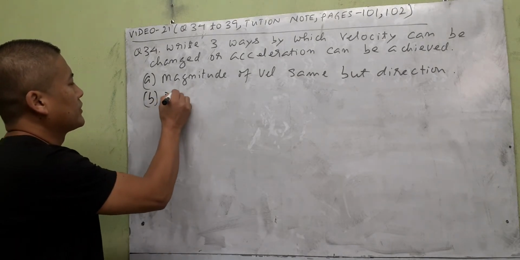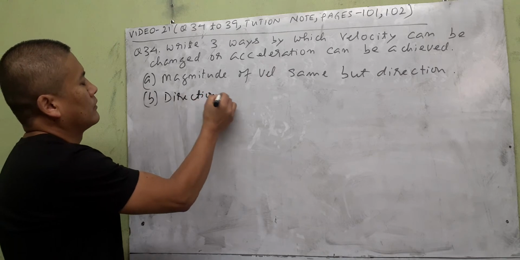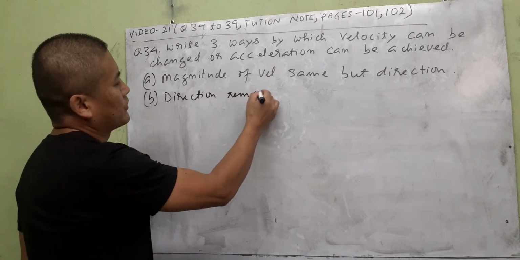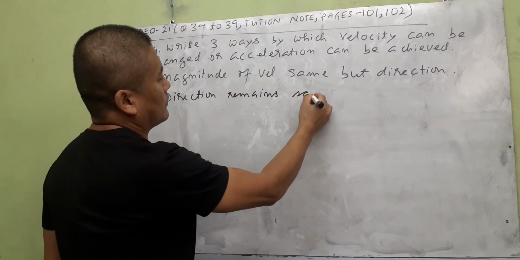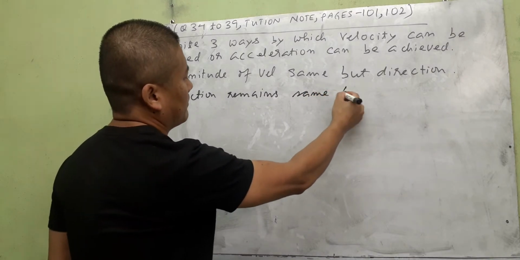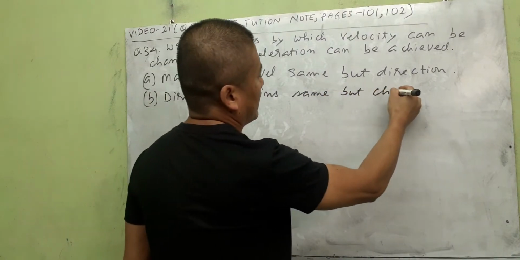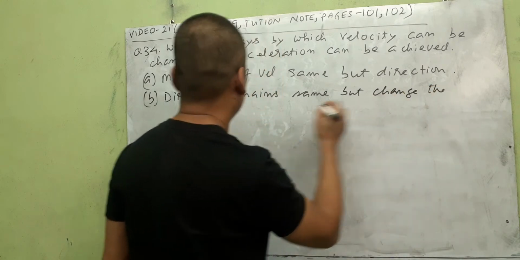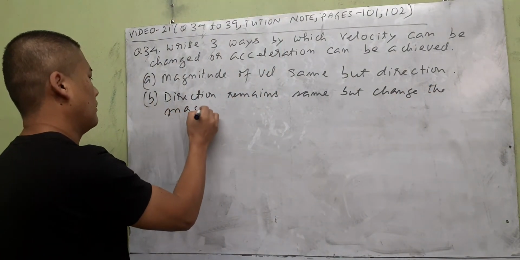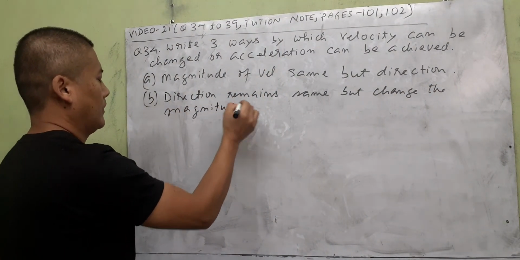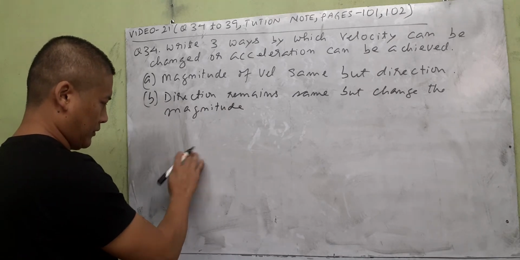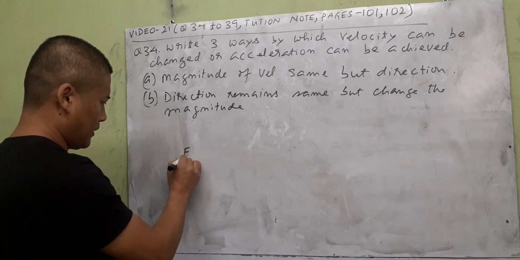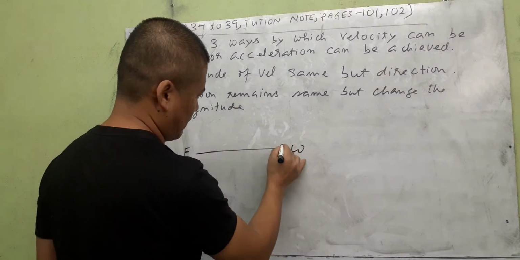Second method is, opposite to this, direction of motion, or direction of velocity, remains same, but change the magnitude. So let us say an object is moving from east to west direction.